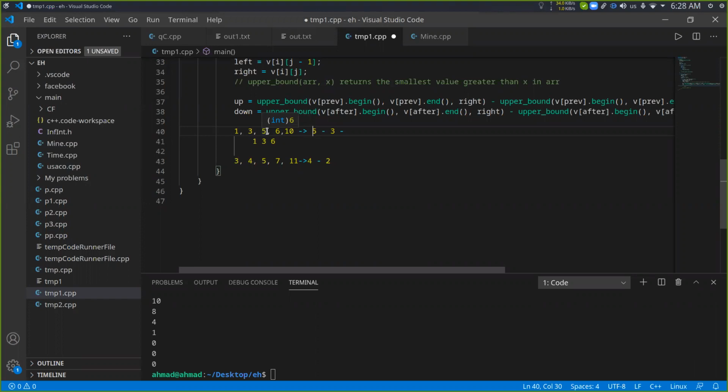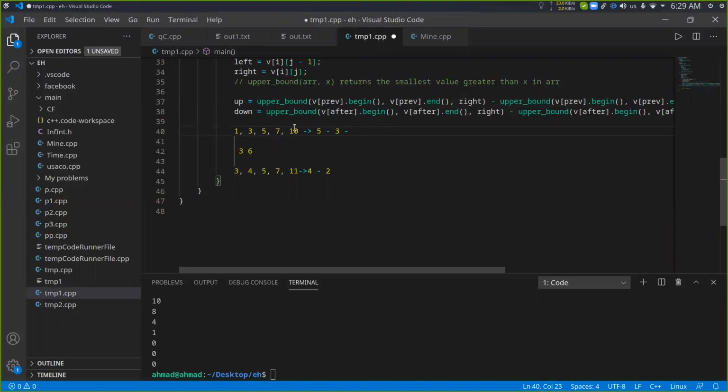This formula should always work, because this thing isn't possible. We cannot have two bridges at the same edge, so we cannot have six here and six here. This could be any other thing, and we don't have duplicates. We don't have any two bridges at the same point.